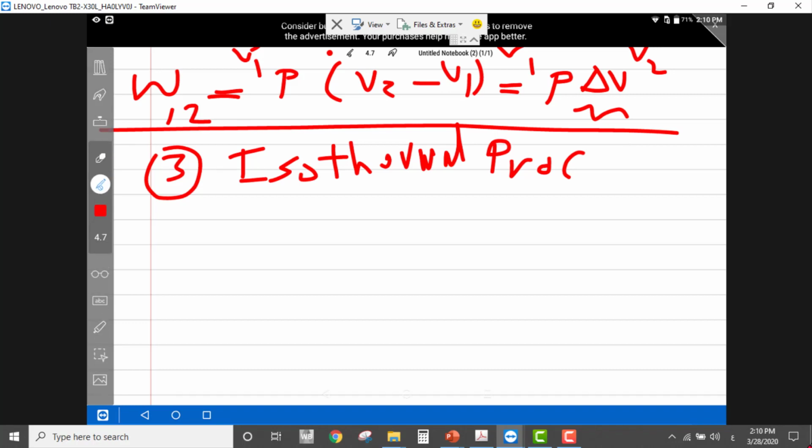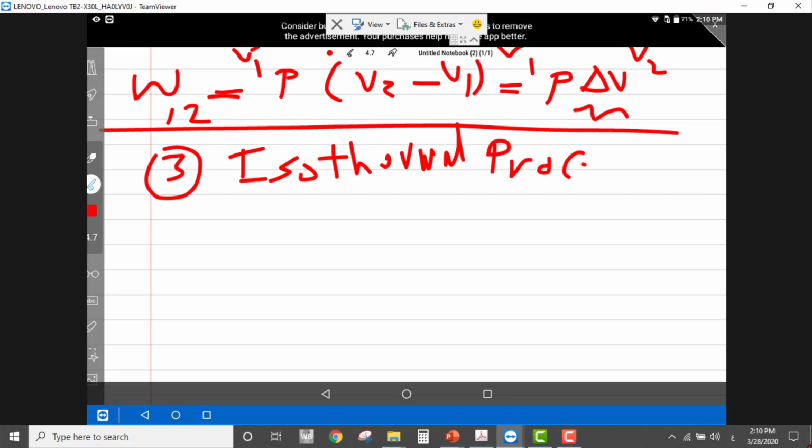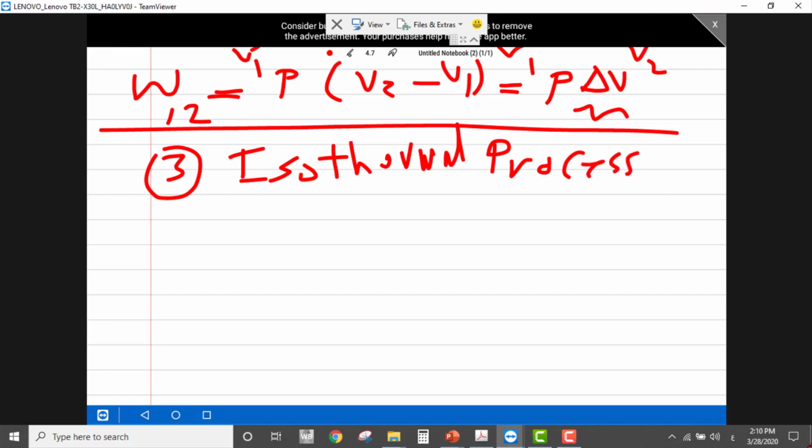In the isothermal process, P multiplied by V equals a constant.